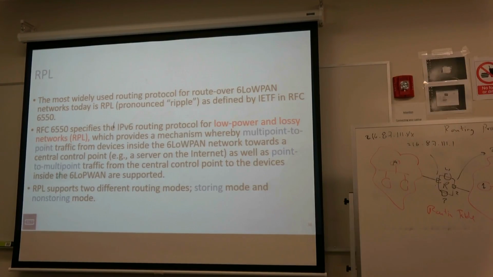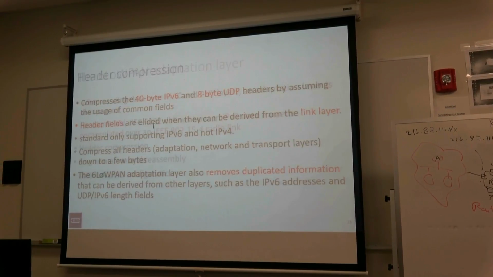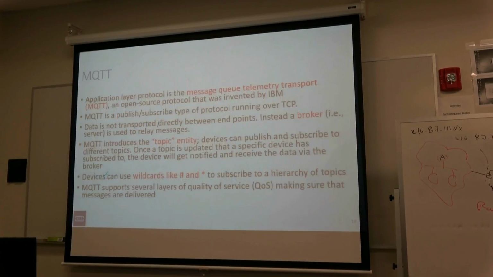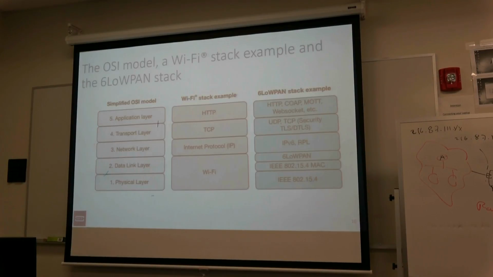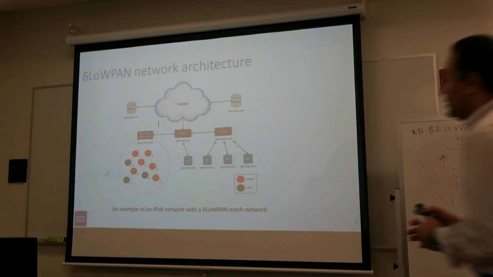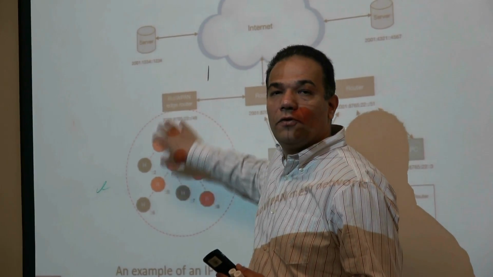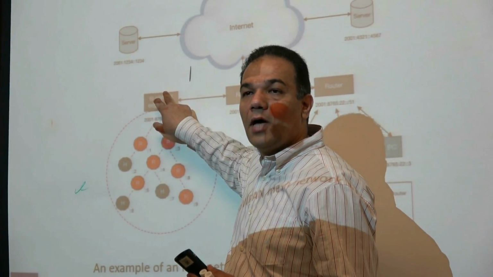What do you mean by multipoint-to-point? A lot of hosts to one router, like the edge router. So all of them are sending to the edge router. This is multipoint to a point.